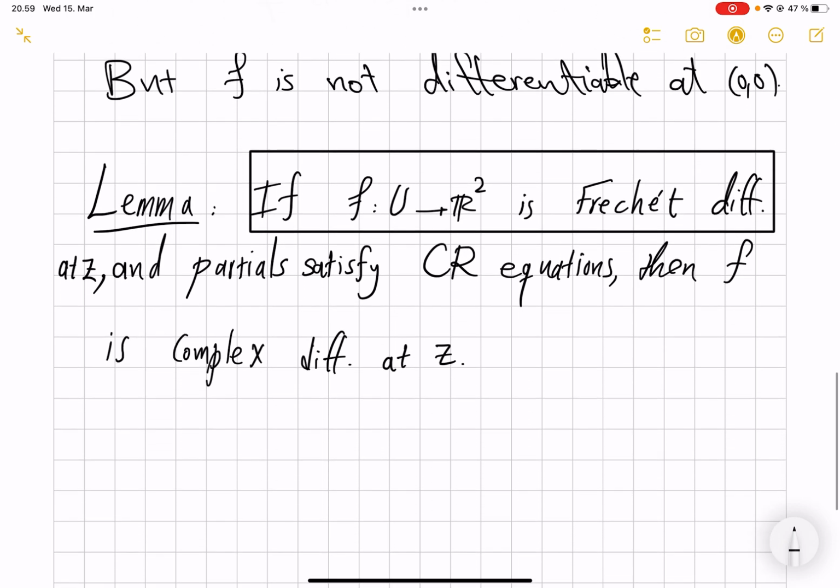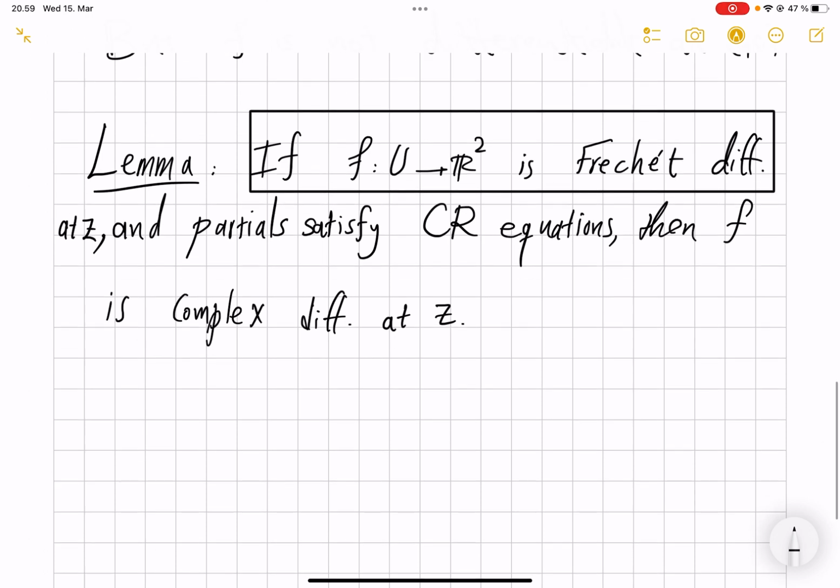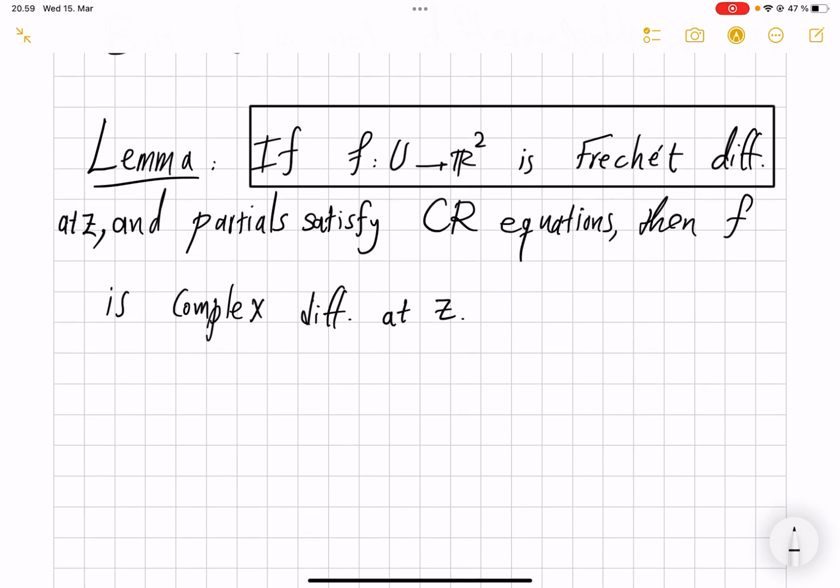Okay, in the theorem we had that partials exist. So is there any result that starts just by assuming partials? Yes, this is also famous.